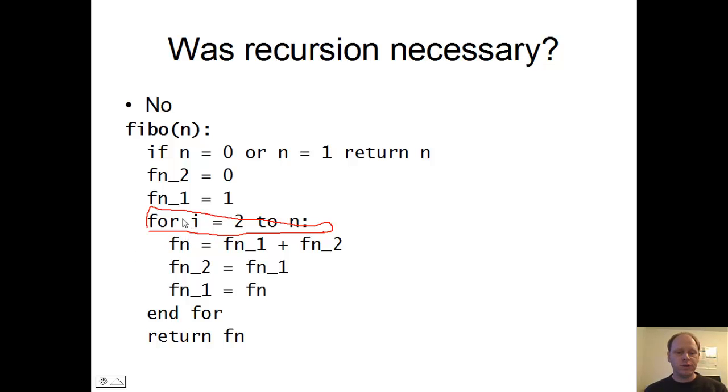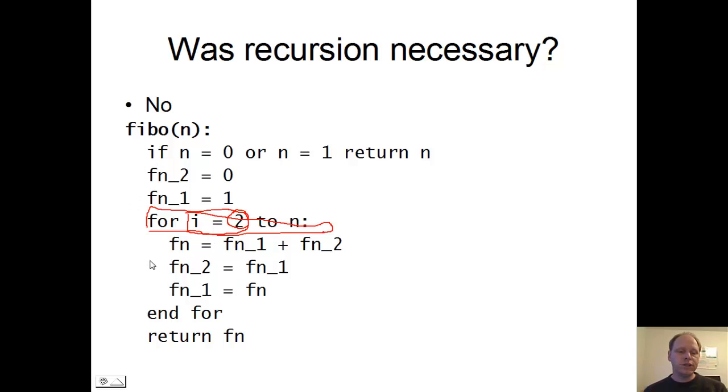So here we have a variable i, and first it gets the value 2, then the body is executed, then i is incremented, so i now becomes 3, and the body is executed until i is n, and then the body is executed one more time, and then the for loop finishes. And that's what we use here.